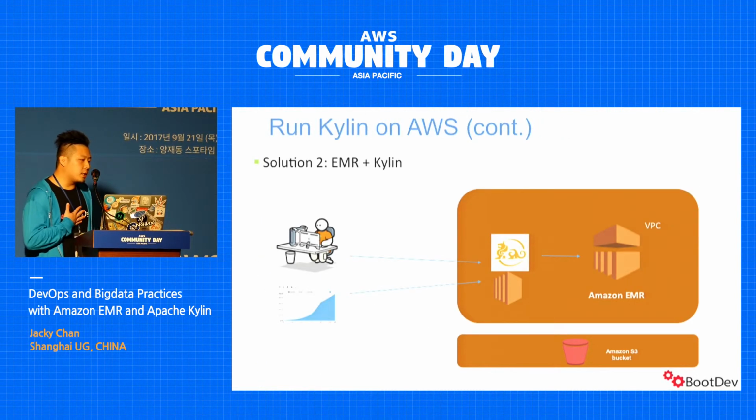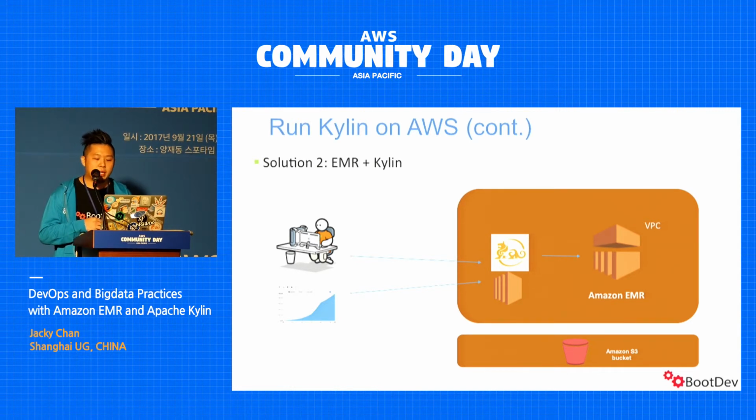Okay, and the second solution is EMR with Kylin. The beautiful thing, as I mentioned before, is that AWS EMR has already provided different solutions and pre-built methods for your data access. Like right now, if we want to put everything into EMR, what we need to do is just put everything into S3.